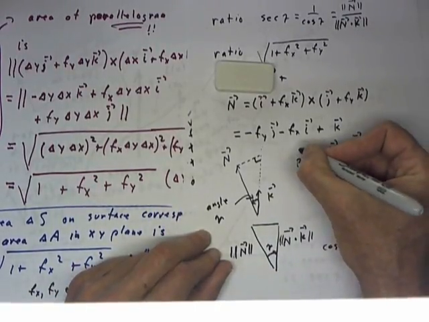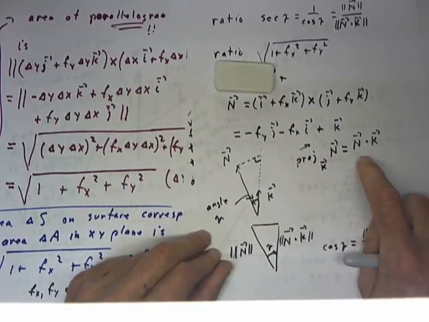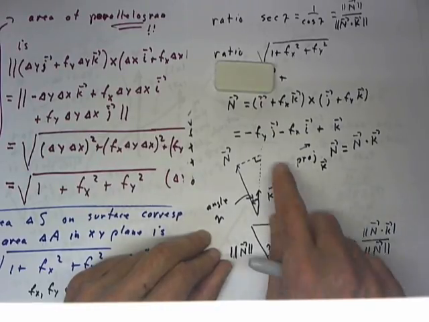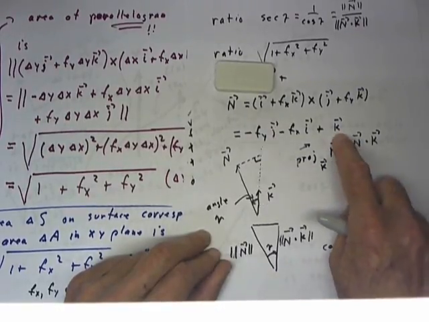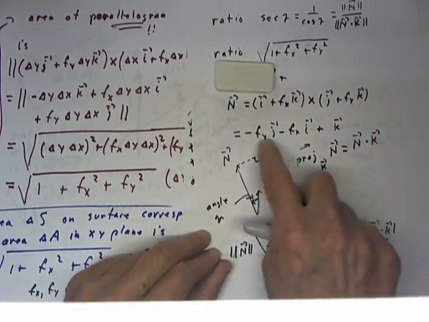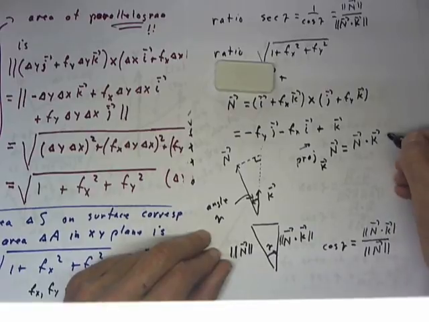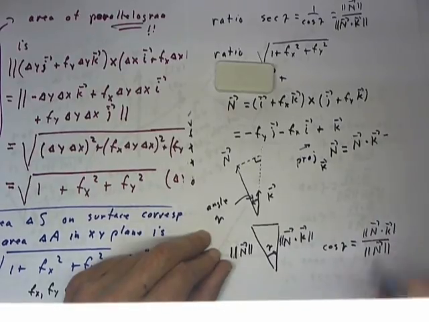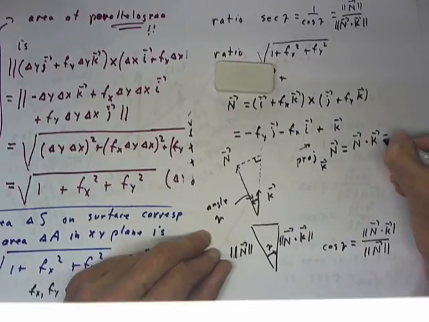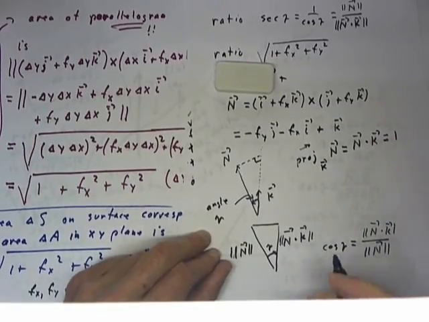Now this projection I'm going to consider to be the vector projection. What's the dot product n dot k? The k component of n is just 1, and when we dot this vector with k, we just get one.